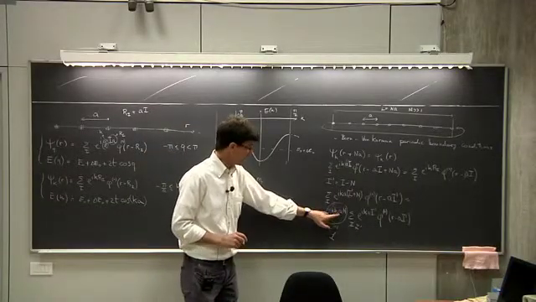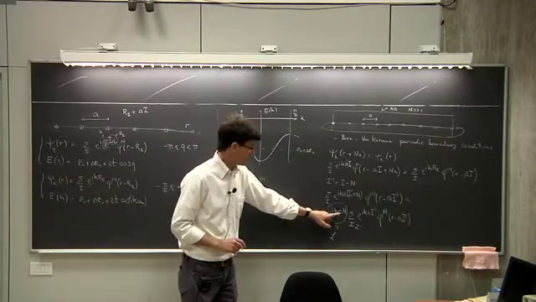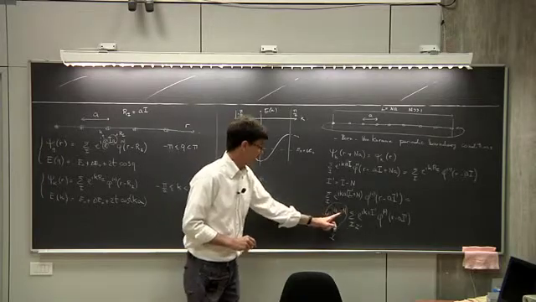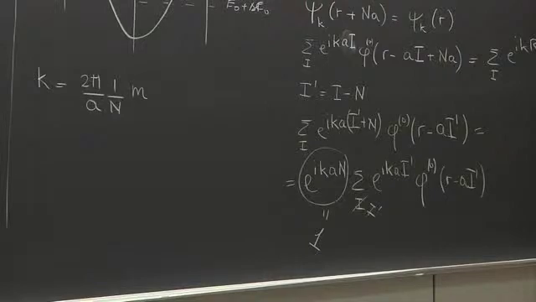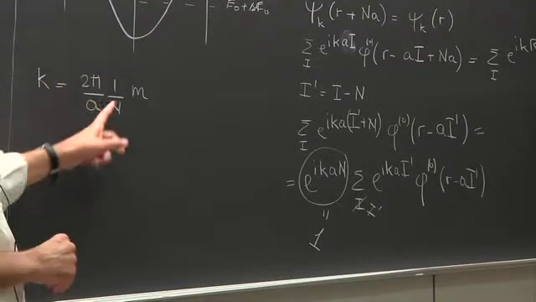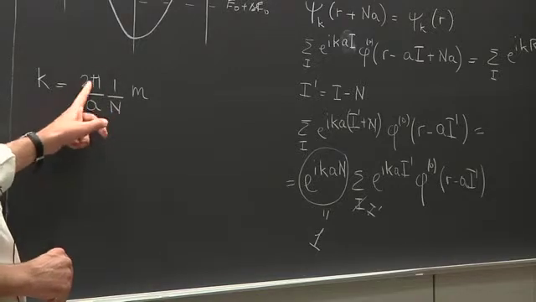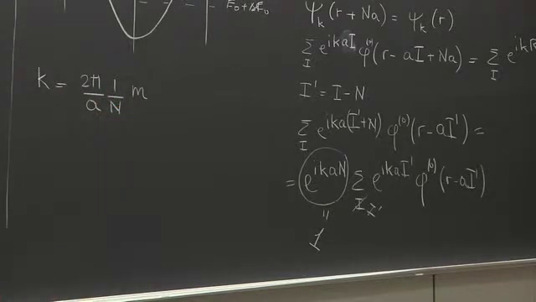Only in this particular case will this be 1. If k a N, k times a times N, is 2 pi times an integer, which is what I'm writing here, right? k a N is 2 pi times an integer, m.